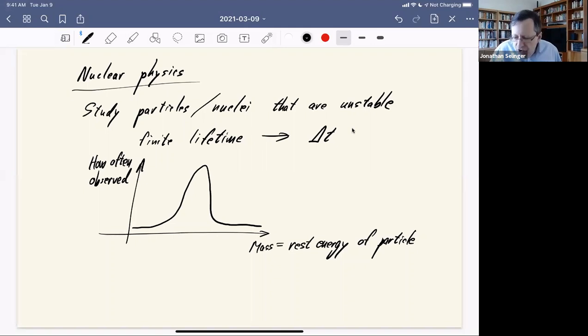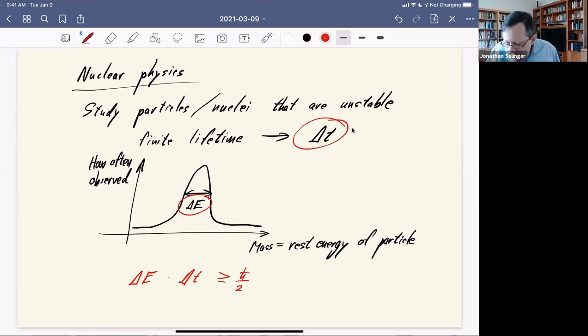A plot like this shows you that the mass or rest energy is not perfectly well defined. There is also some uncertainty in the energy. And the point of the uncertainty principle is that there's a relationship between those two things: delta E times delta T is greater than or equal to h bar over 2.